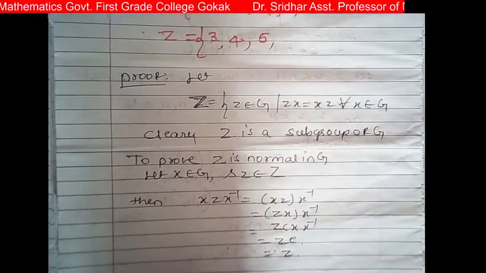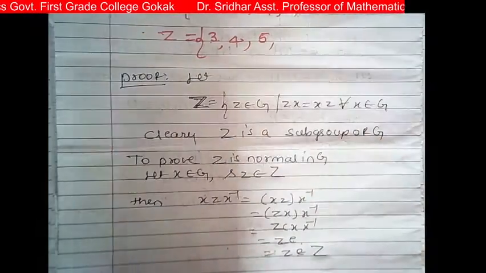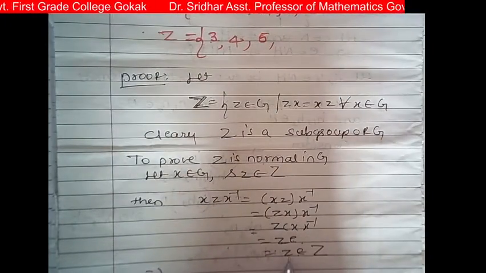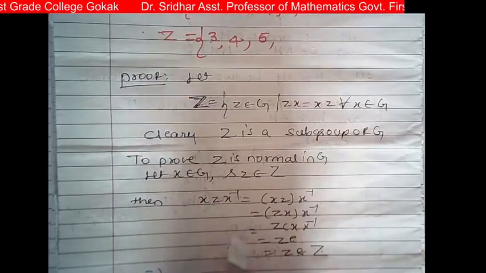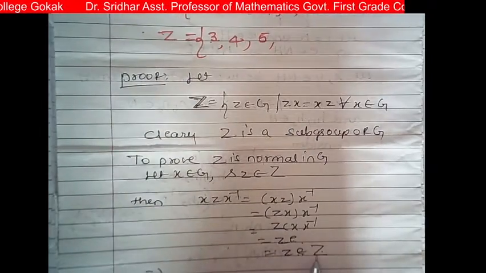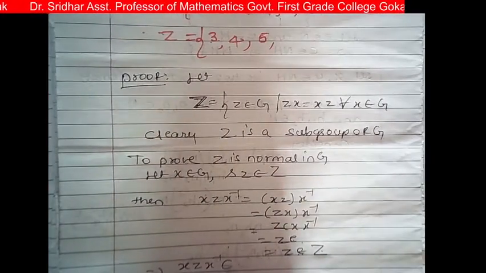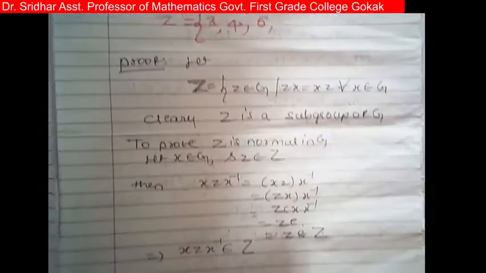So which means that z belongs to capital Z. So when z belongs to capital Z, z is equal to xzx inverse. It means that xzx inverse also belongs to capital Z.